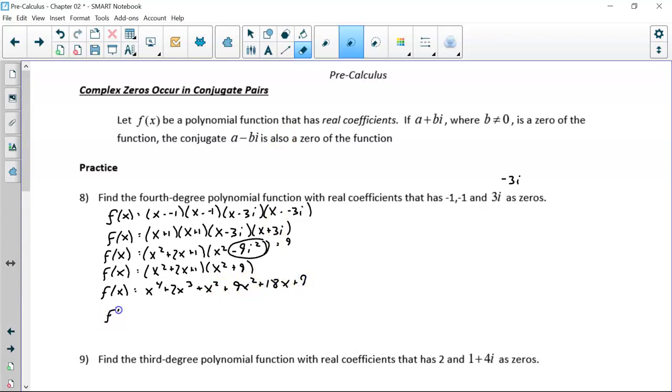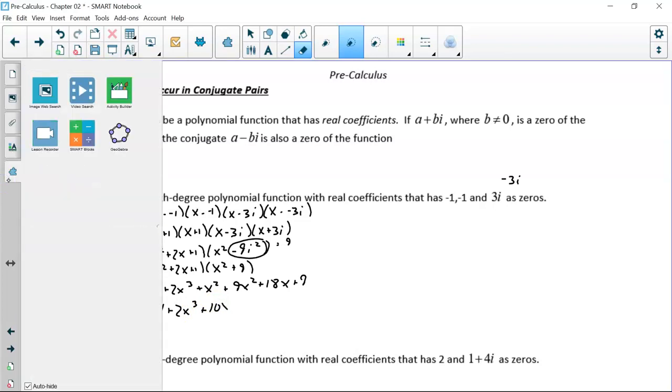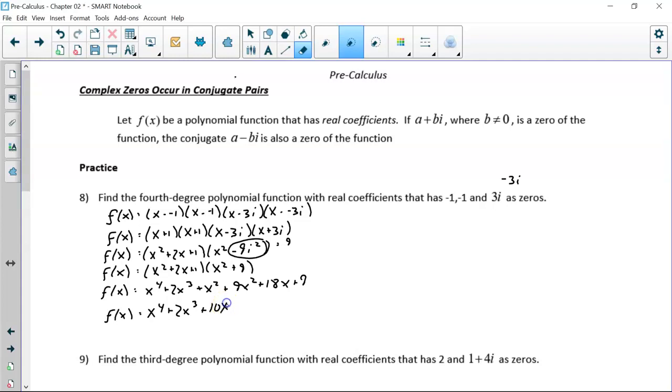So when I combine, f of x equals x to the 4th plus 2x cubed plus 10x squared plus 18x plus 9. And there we go.